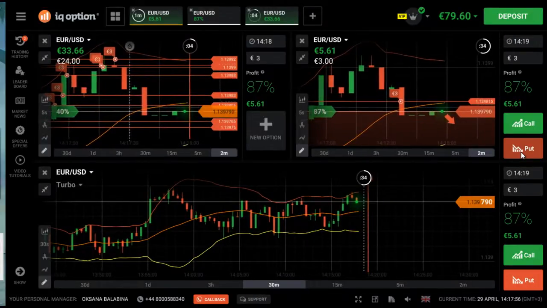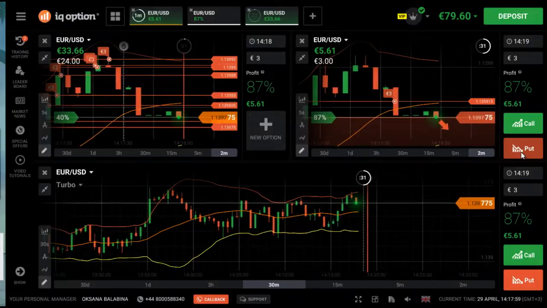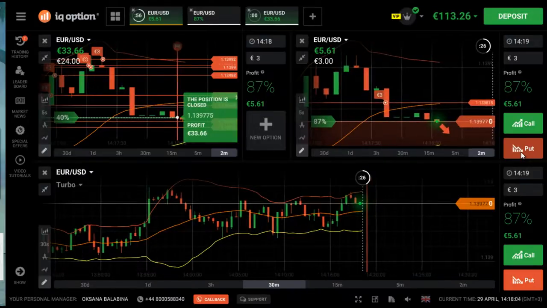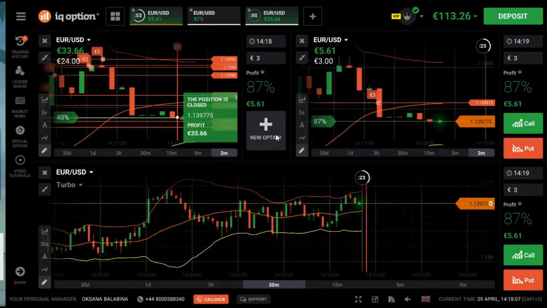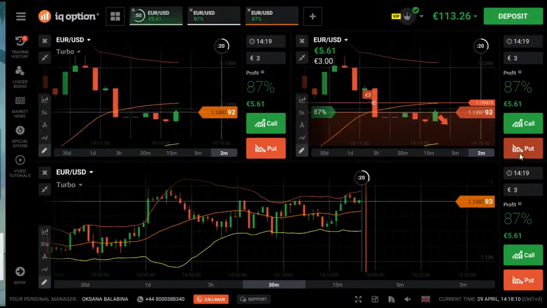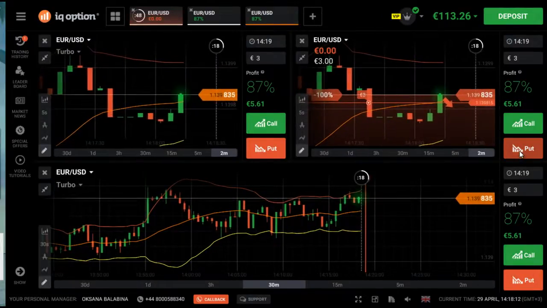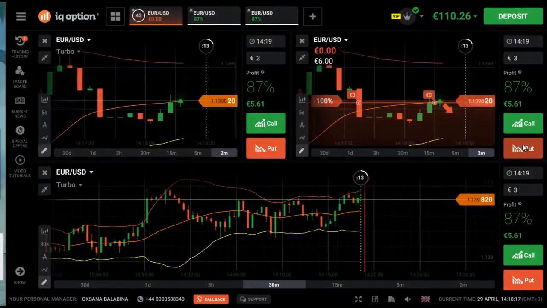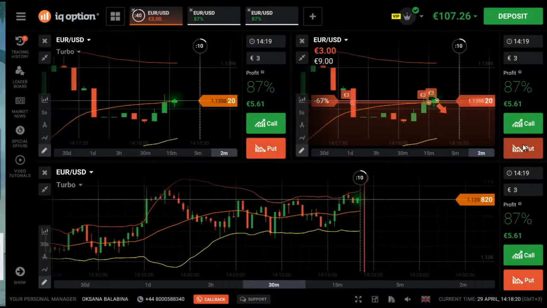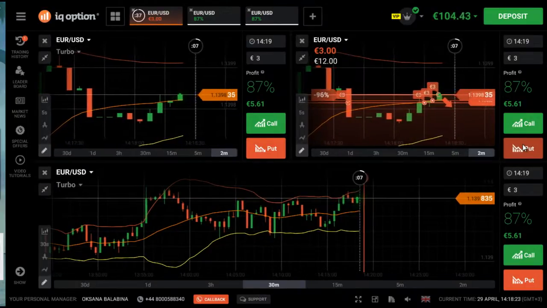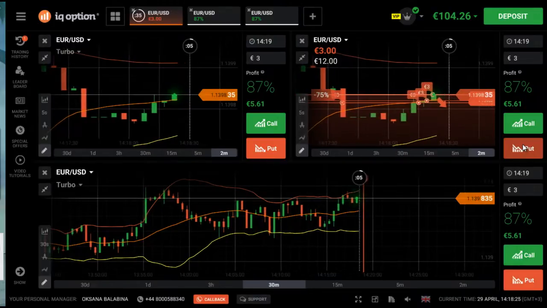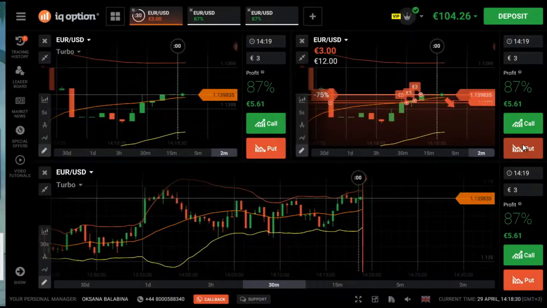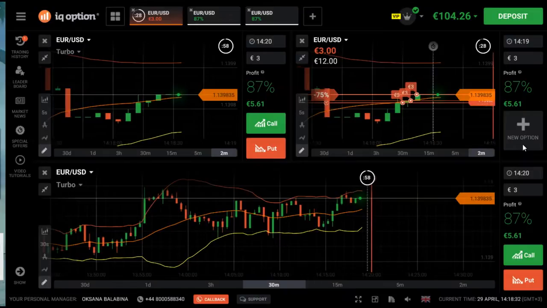Maybe 5 minutes at the most in most cases, unless one of the currencies starts rapidly falling or rising, and then in that kind of chart you should go for following the original direction until it reverses. Sometimes it lasts for 30 minutes. You can keep winning, trading on the same direction, but this chart is not that kind of chart.